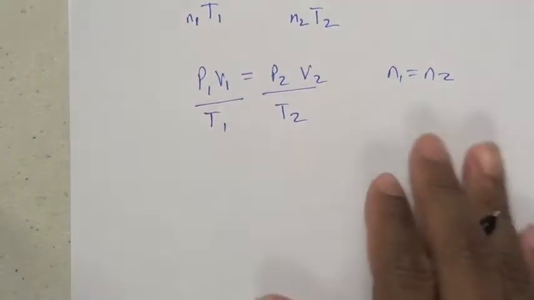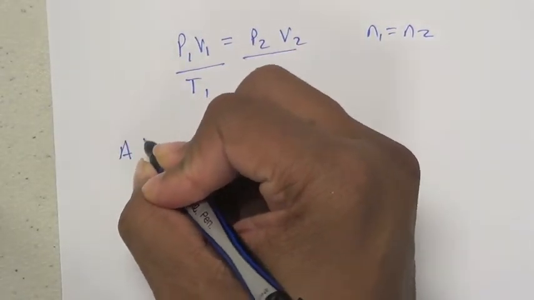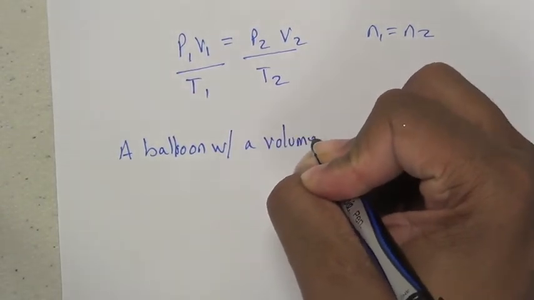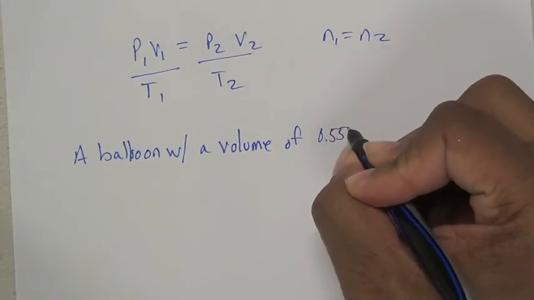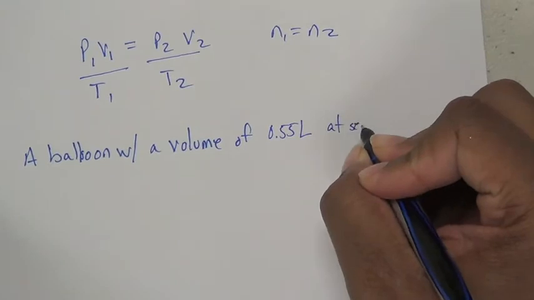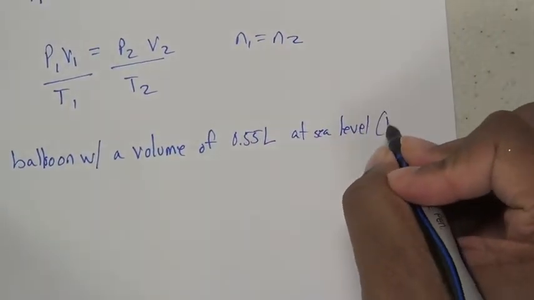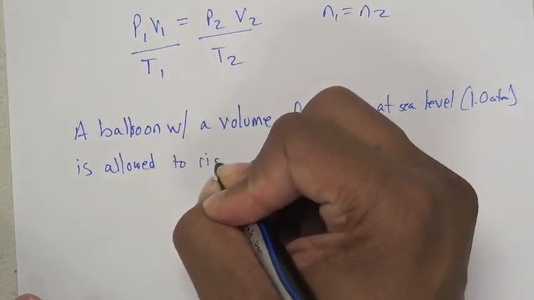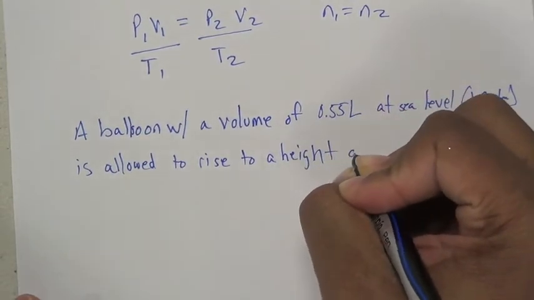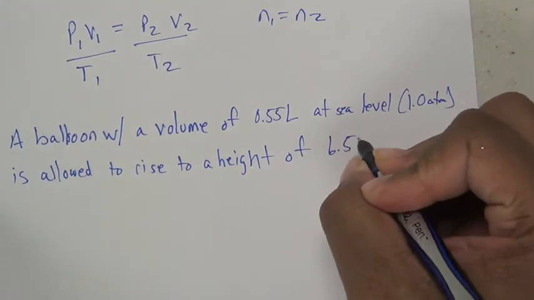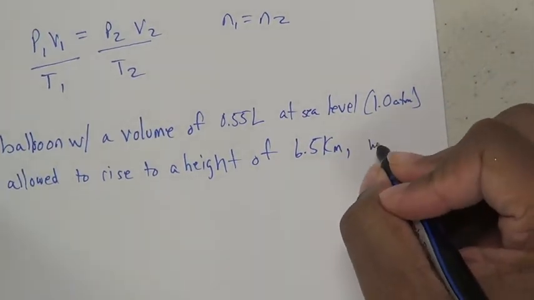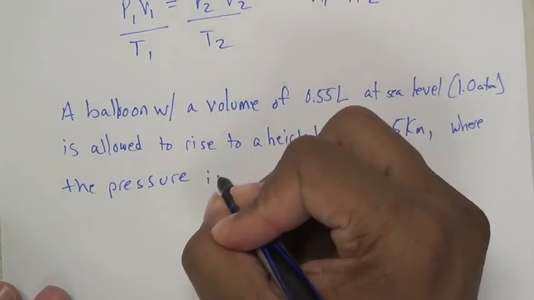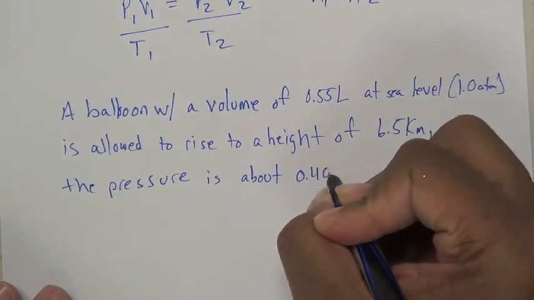It says that a balloon with a volume of 0.55 liters at sea level, which is 1 atmosphere, is allowed to rise to a height of 6.5 km, where the pressure is about 0.40 atmosphere.